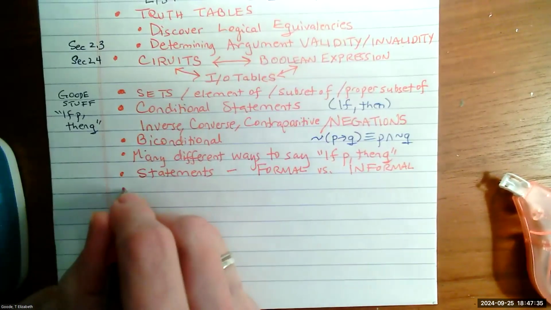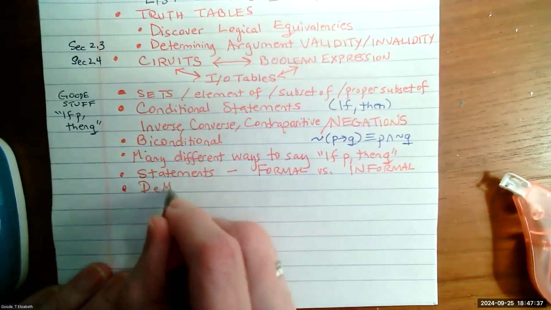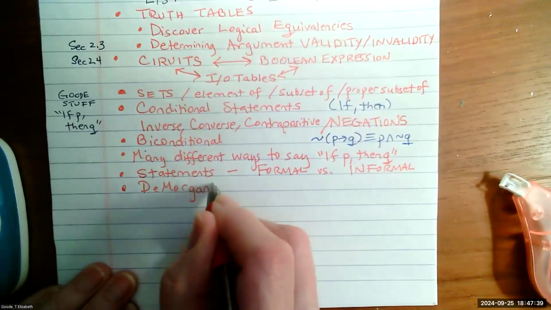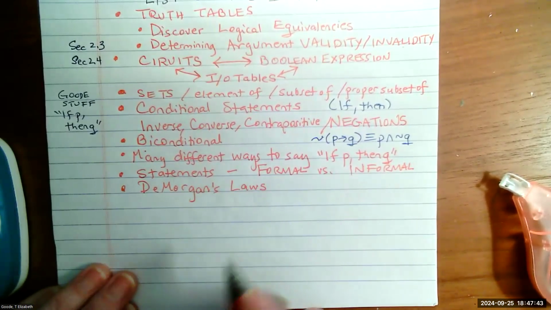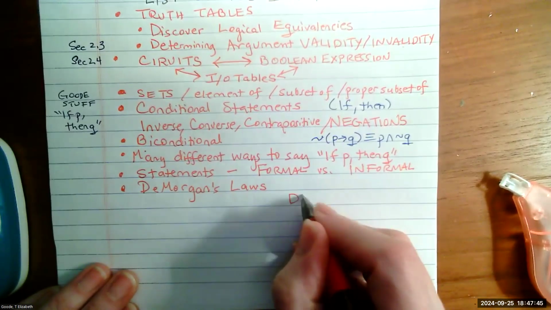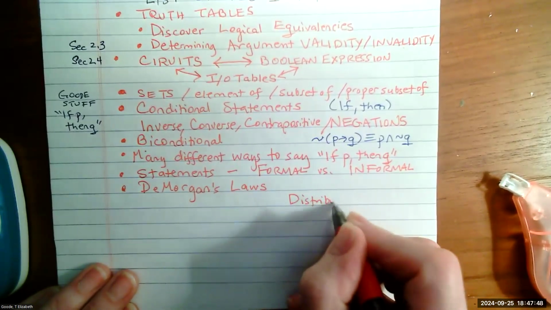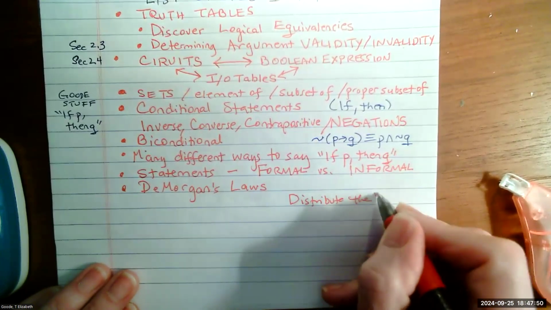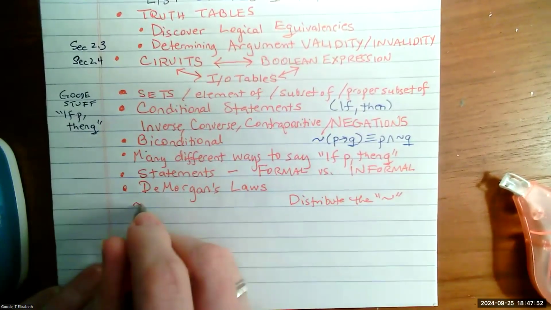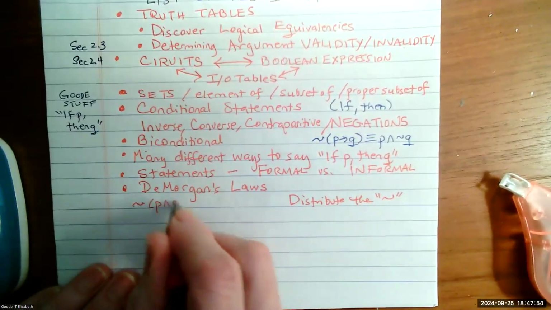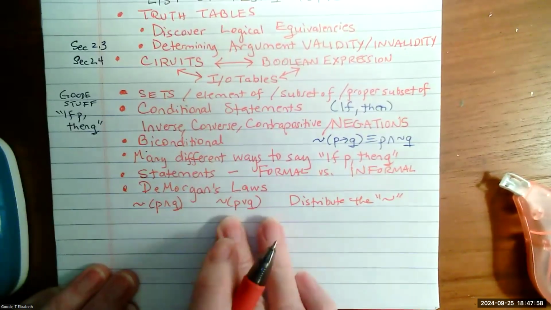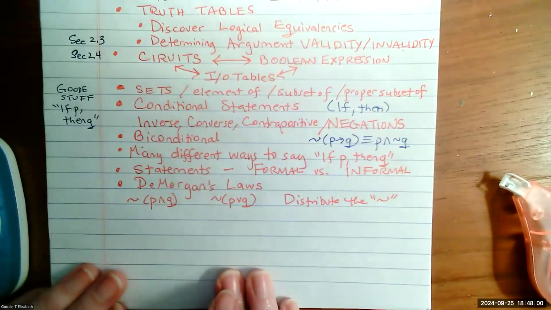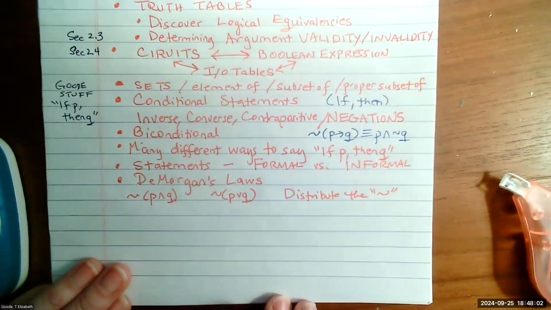De Morgan's laws for negating and/or statements. You've got to be able to distribute the not. So not (P and Q) and not (P or Q). Be able to distribute the not across those two compound statements.